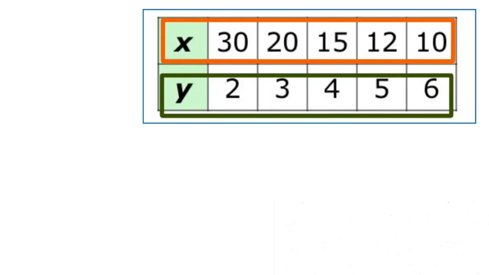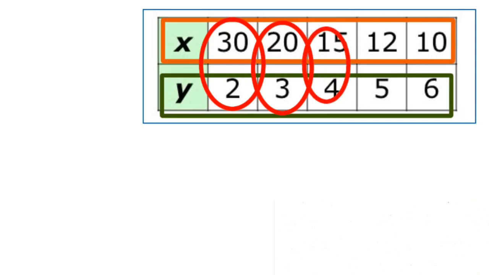So, paano natin malalaman yung constant of variation nila? If we are going to multiply the ordered pairs, makikita natin na pare-parehas yung product nila or yung constant nila. 30 times 2, that is 60. 20 times 3, that is also 60. 15 times 4, that is 60. 12 times 5, that is also 60.